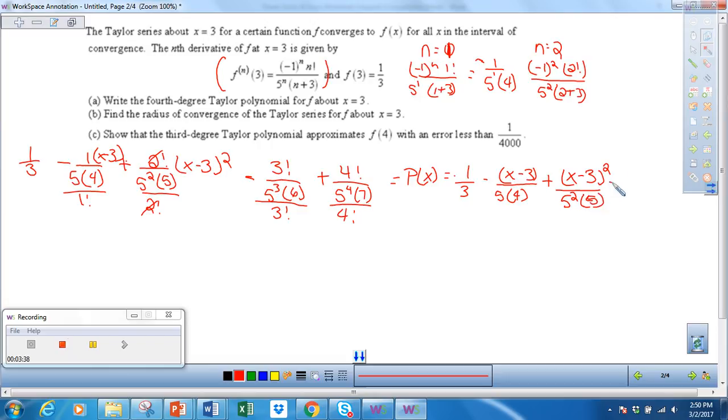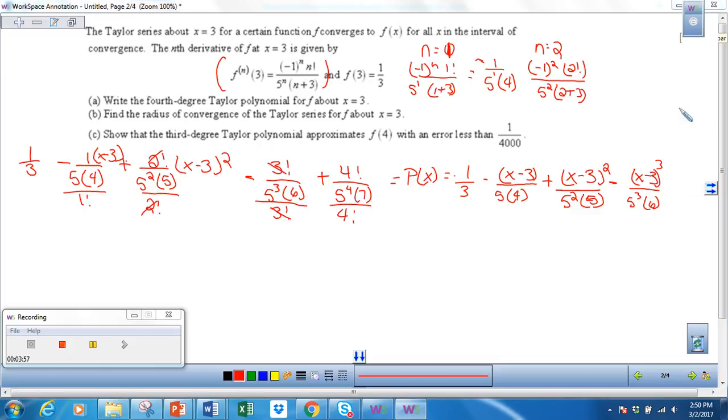And then the next one is negative. Again, these factorials cancel each other out, and so I am left with x minus 3 cubed over 5 cubed times 6. And the last one would be positive, x minus 3 to the 4th over 5 to the 4th times 7. Again, my factorials canceled out. Okay, so that's my P of x.